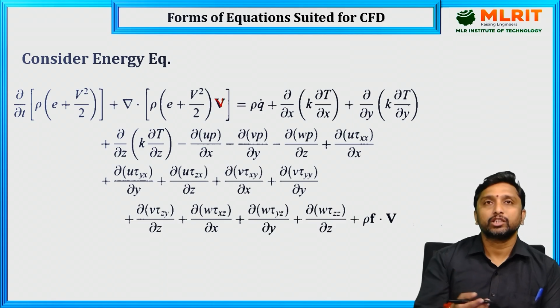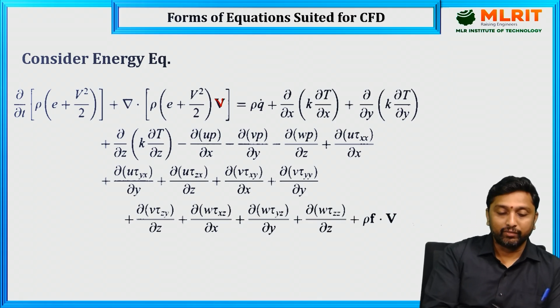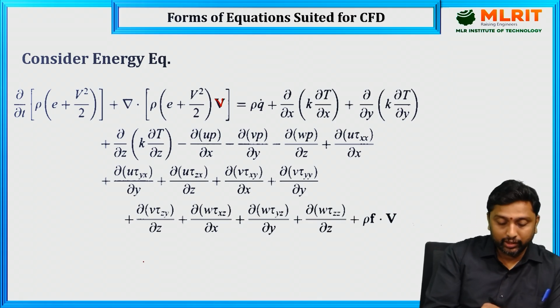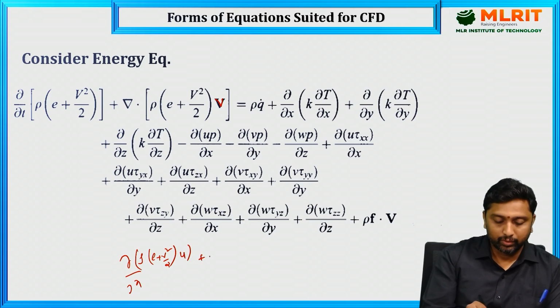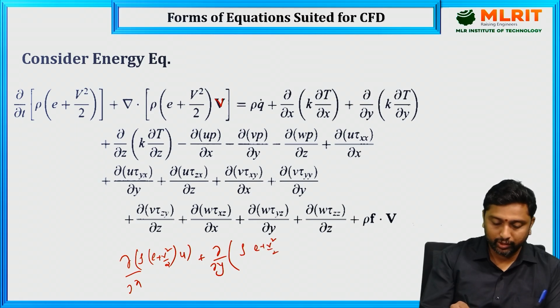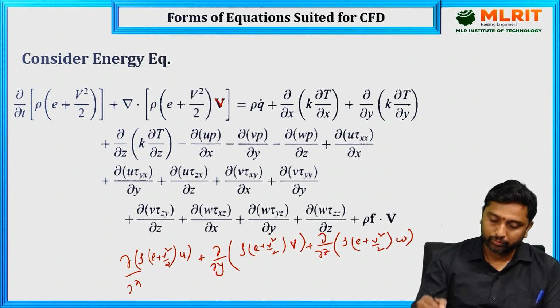The same thing I can expand, similar to what we did in the earlier case, where I end up with the divergence of rho e plus v square by 2: dou by dou x of rho e plus v square by 2 into u, plus dou by dou y of rho e plus v square by 2 into v, plus dou by dou z of rho e plus v square by 2 into w.